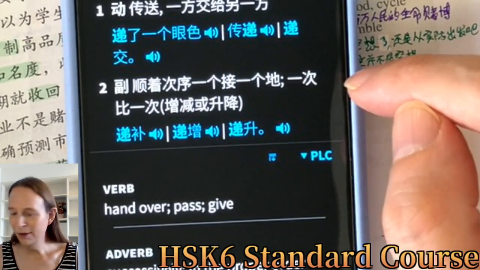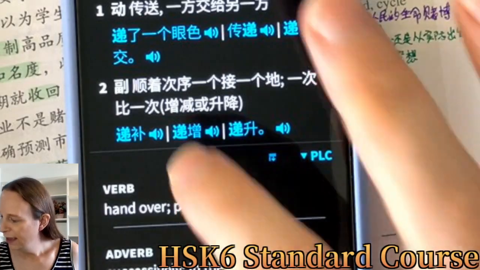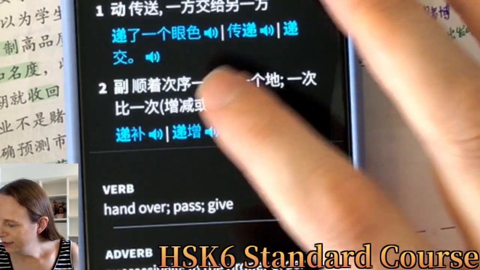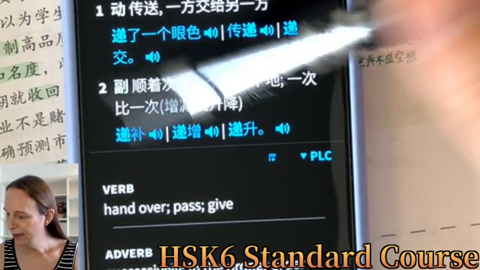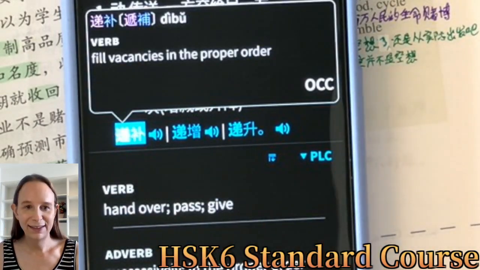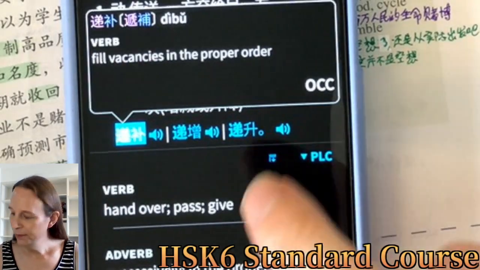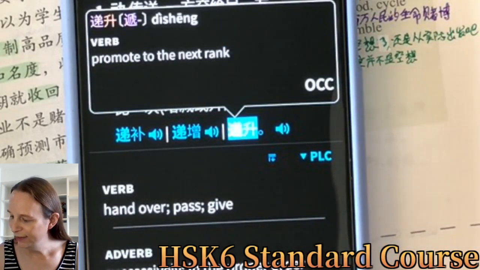Okay, so one by one, then another, and so on. 增减或升降. So it's going up or going down incrementally. 递补. Okay, so it's filling vacancies one by one. 递增 increase progressively. 递升 kind of the same thing.